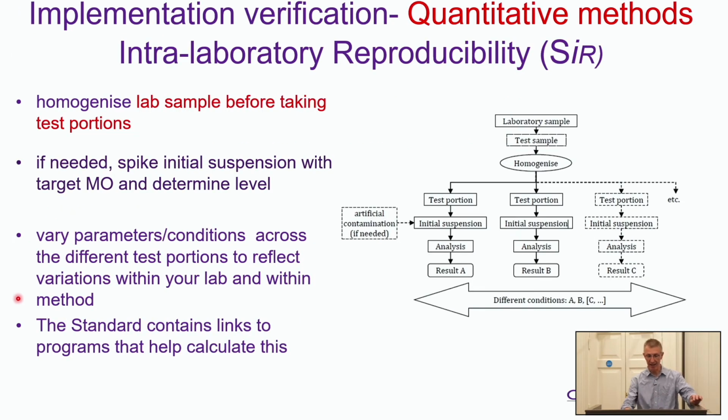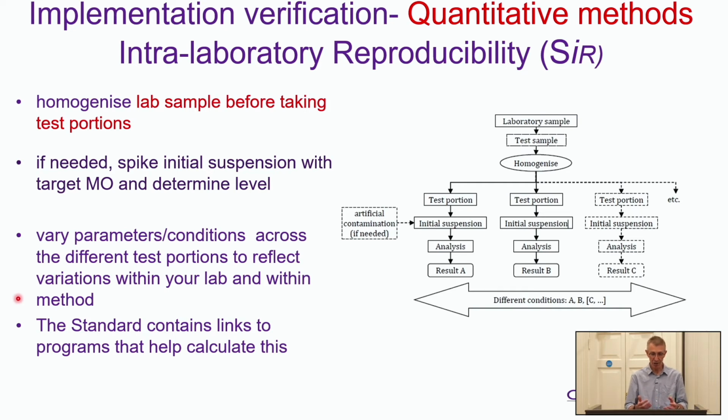I'm not going to go into great detail into that flow diagram, but essentially you have to inoculate homogenized food samples with the test microorganism. You homogenize the food before you take the test portions forwards. You spike after homogenization to get a good mix of the microorganism in the foods. You then have to vary the parameters across the different test portions of each food sample type.